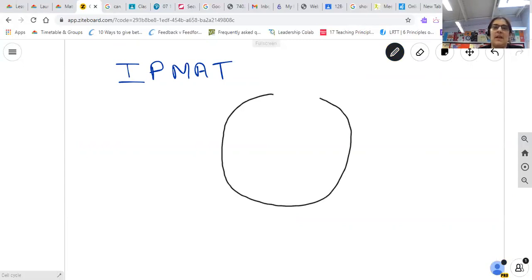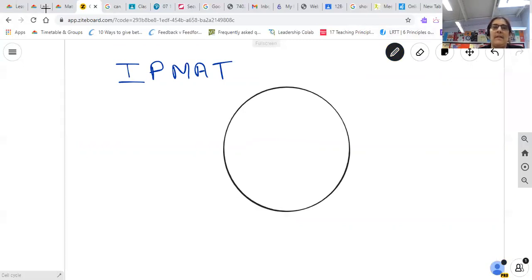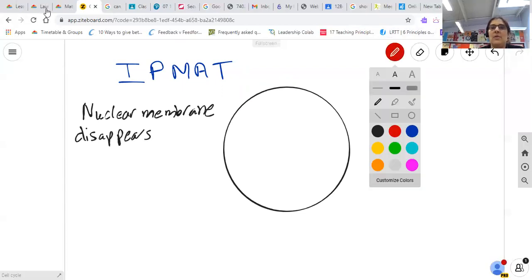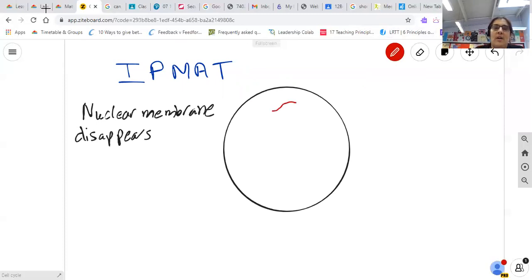So here is our cell. Okay, first of all, you'll notice I'm not going to draw a nuclear membrane. So the first thing we can say is that the nuclear membrane disappears. Okay, now the chromosomes during interphase were actually very long and uncondensed.